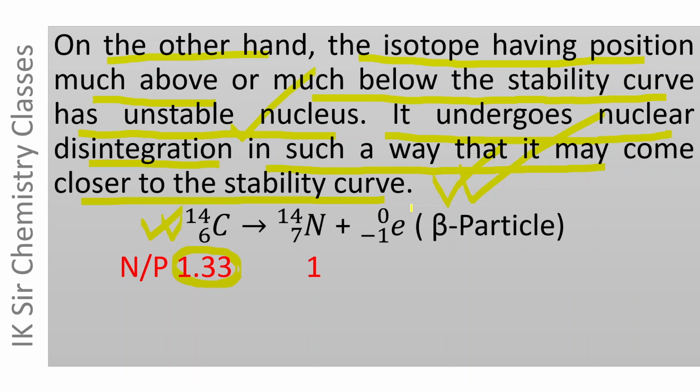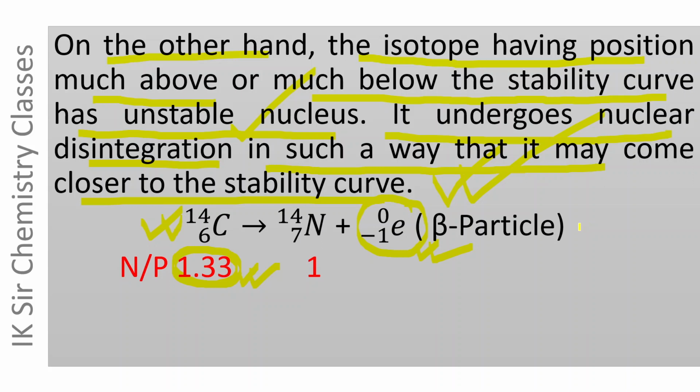It emits a beta particle. Beta particle is nothing but an electron. C14 has N by P ratio equal to 1.33. Its position is much above the stability curve. It emits a beta particle. As a result, N14 is formed.